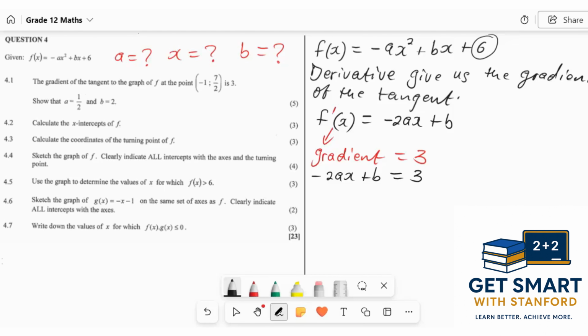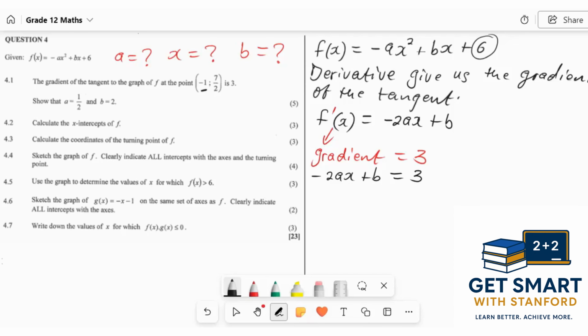Since we have the point with minus 1 as the x value and 7 over 2 as the y value, let us go on and substitute. We use the given point, x is equal to minus 1, and the gradient.